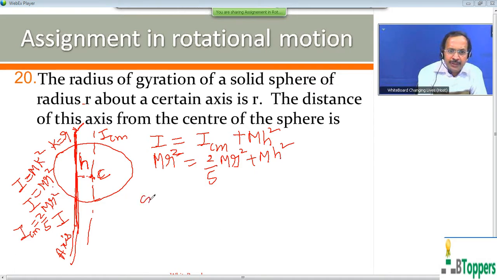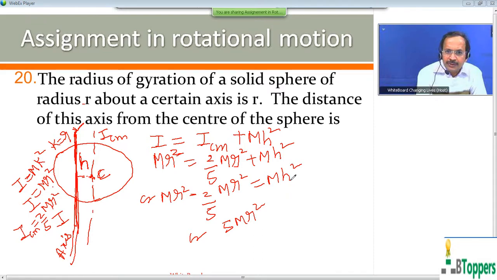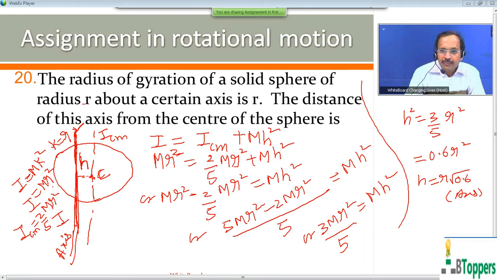So those who want to copy the solution of the problem, they can take a pause and copy the solution of the problem. So if you simplify this result, you get the answer as r into root of 0.6.